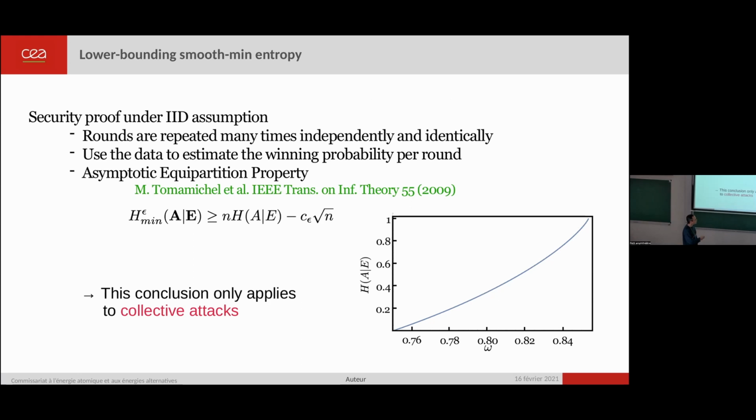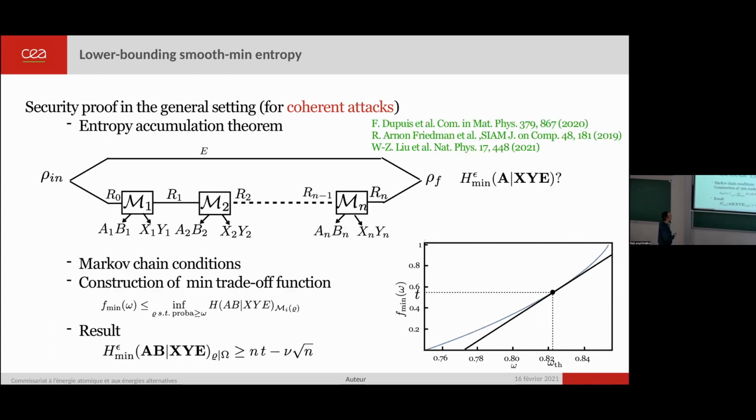That one was computed in an ideal case where we know exactly the winning probability, and we need to adapt it to a sequential scenario in which the system could change from round to round. This requires us to use something called the entropy accumulation theorem. It allows us to get a bound on the entropy that depends on this curve, with a minor correction factor of the order of square root n.